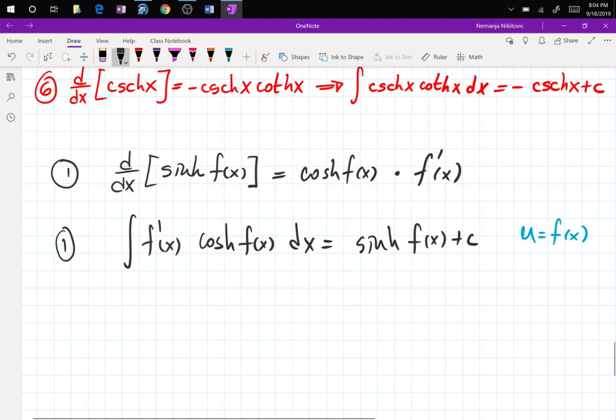And now you can modify all 12 equations. This is like 1a and 1b, because you have the derivative formula.